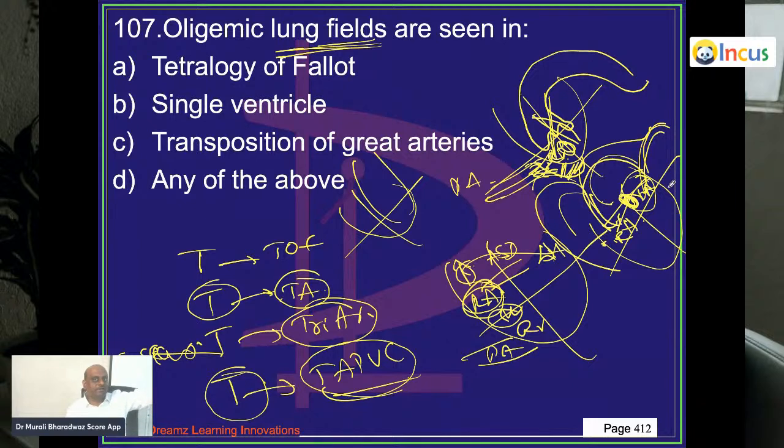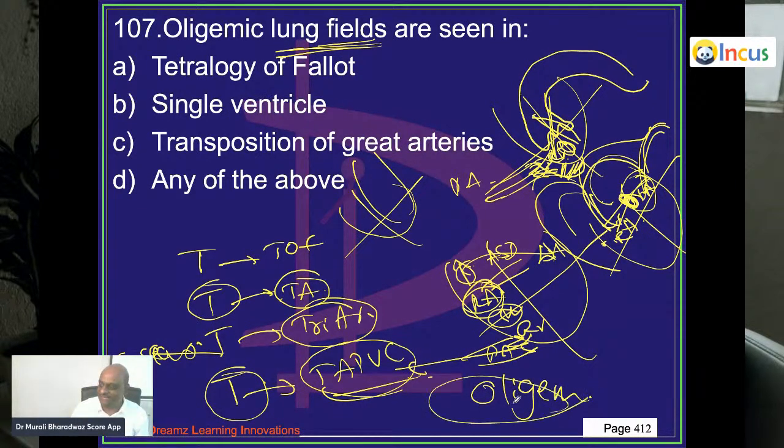You ask the X-ray, look at the lung field. Suppose it is tetralogy of Fallot, what do you have? Pulmonic stenosis. The amount of blood entering the pulmonary artery is diminished. So what do you get? Oligemic lung field. In which T? Top. Then second, tricuspid atresia.